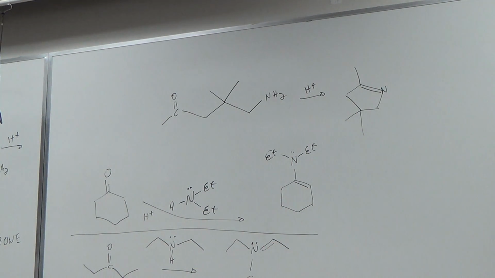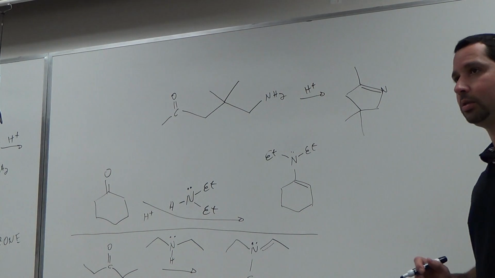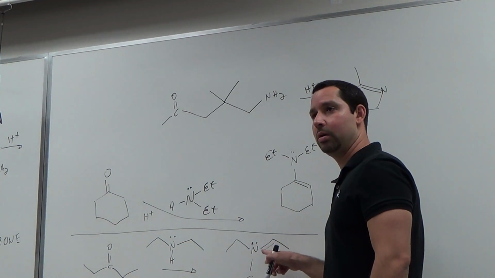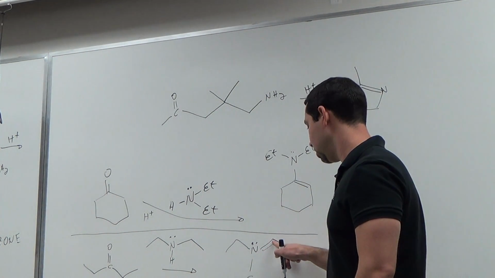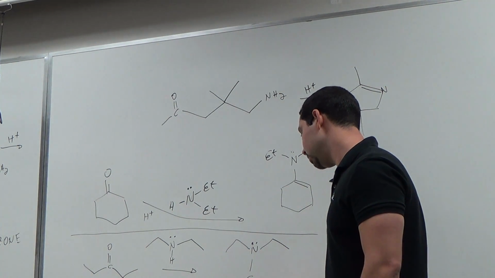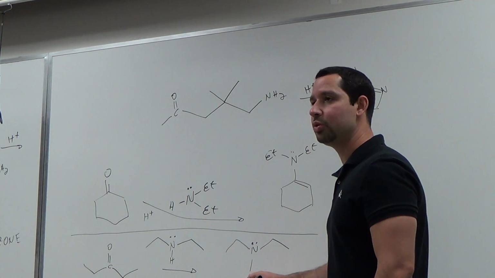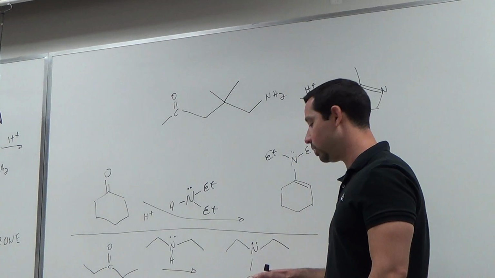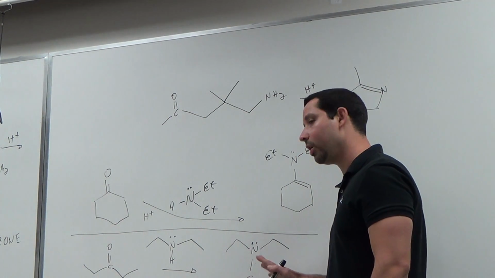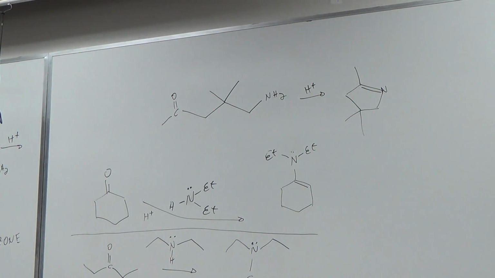No. It's not there. Where is it? It is on the carbon where the carbonyl used to be. You always count the number of bonds. Yes, this carbon has 1, 2, 3, 4. How do you figure out where a double bond is supposed to be? You've got to put it on the carbon that the carbonyl used to be at.